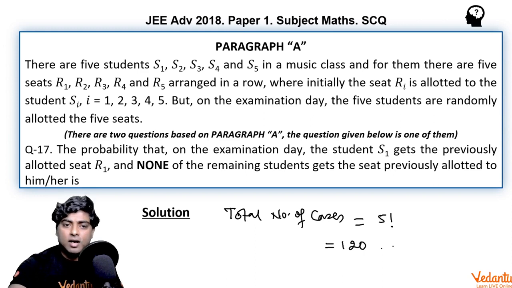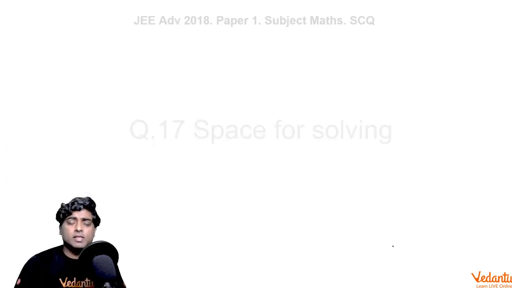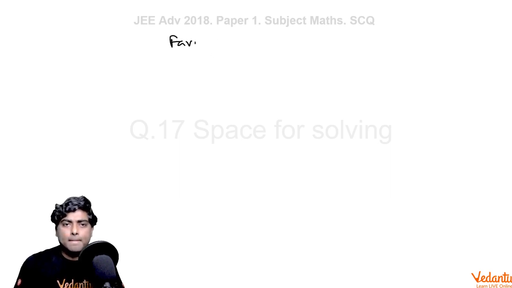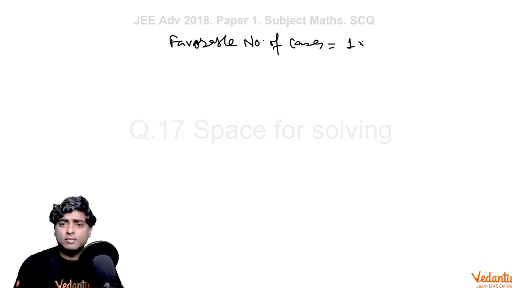S1 goes to R1 and remaining S2, S3, S4, S5 nobody is going to its original place. So the favorable number of cases would be like S1 goes to R1, means there is only one choice for S1, and for remaining 4 derangement of 4 things, D4.